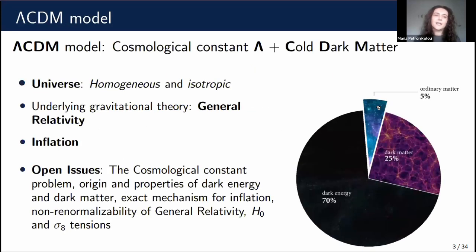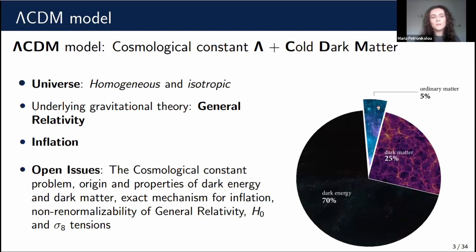So, the ΛCDM model, i.e. the cosmological model we have today, is characterized by the presence of the cosmological constant lambda and cold dark matter. The universe is assumed to be homogeneous and isotropic, while the underlying gravitational theory is general relativity. The ΛCDM model plus inflation has successfully described the evolution of the universe at both background and perturbation levels.